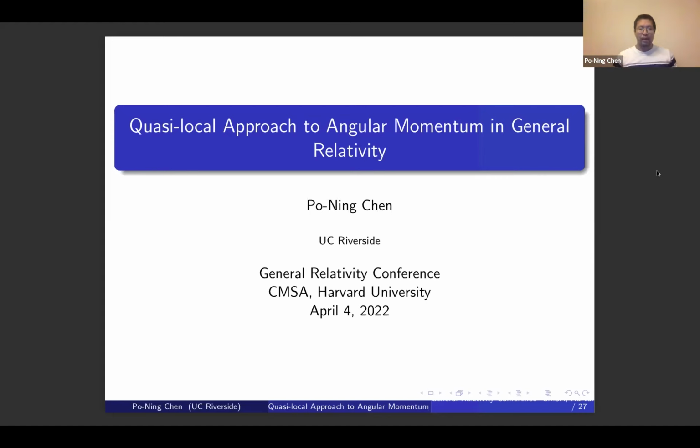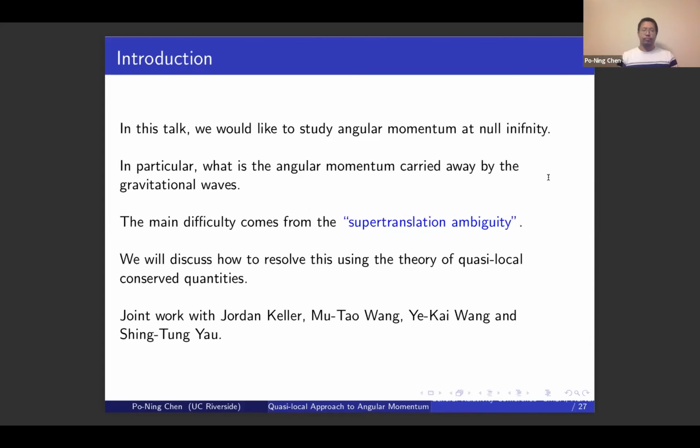So what I will talk about is a quasi-local approach to angular momentum in general relativity. In particular, I want to emphasize a particular problem about angular momentum at null infinity: to answer what is the angular momentum carried away by a gravitational wave or gravitational radiation.